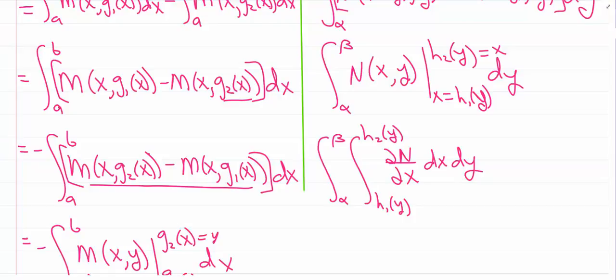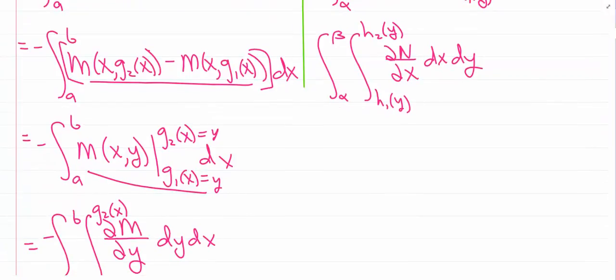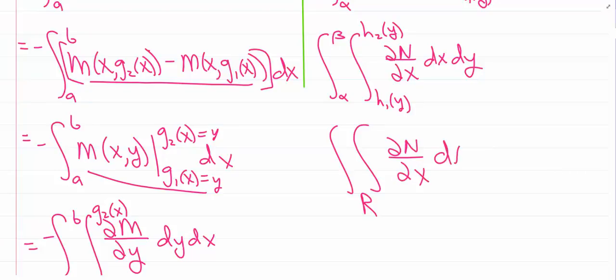Now, let's see what this is going to give us. If we redo this, here's what we've got. The integral over that region is going to be the partial of n with respect to x, and I'll just do dA.